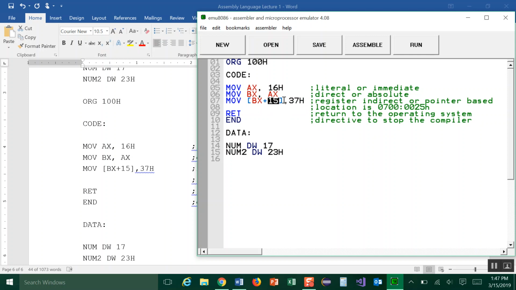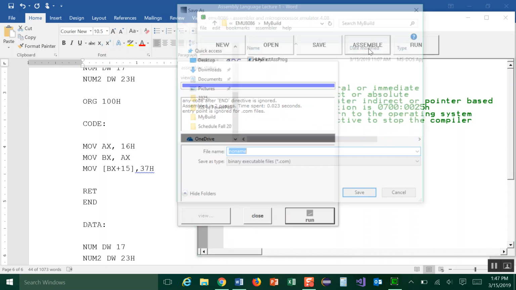Once again, this is an address, right? So the value inside the register, we are using the value in BX and doing a calculation by adding 15 to it to get a new address. Let's assemble and run.